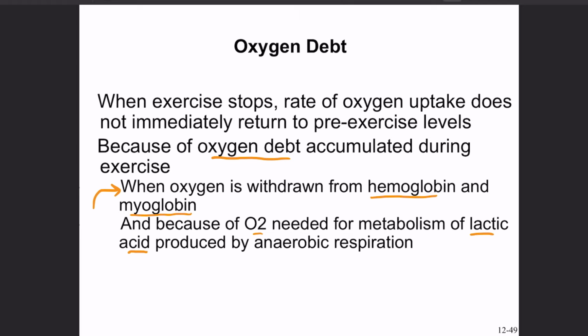Lactic acid is a byproduct of anaerobic respiration, which, it's kind of rumored that lactic acid is what causes muscle soreness, but newer research is actually showing that lactic acid does not cause that.